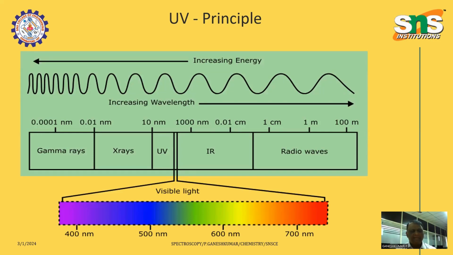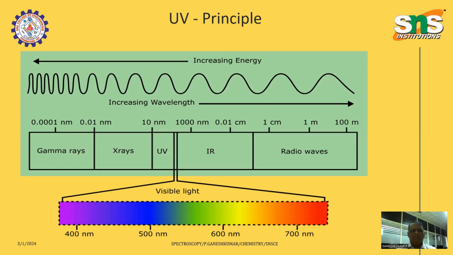We already discussed this in the first session. Electromagnetic radiation is classified from gamma rays to radio waves, depending on either the frequency or the wavelength. Gamma rays have a very short wavelength, and radio waves have a very long wavelength.